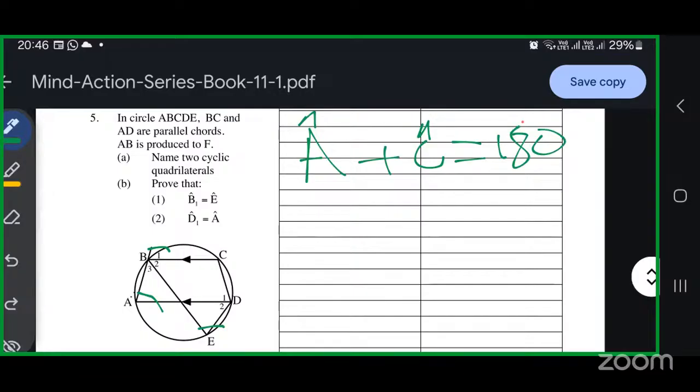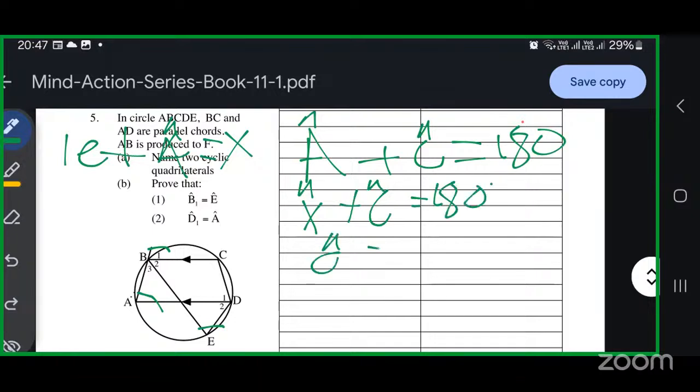Yes, sir. Okay. Therefore, let angle A be x. This will be x plus C is equal to 180 degrees.